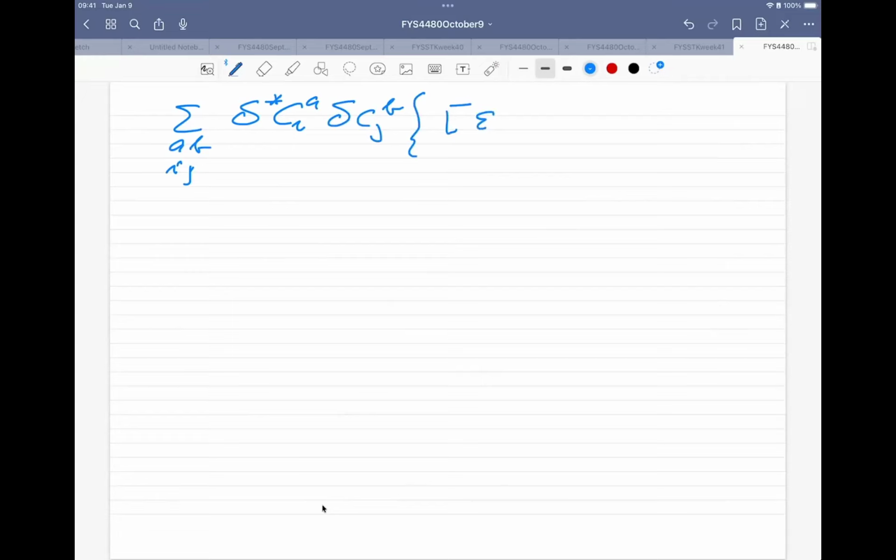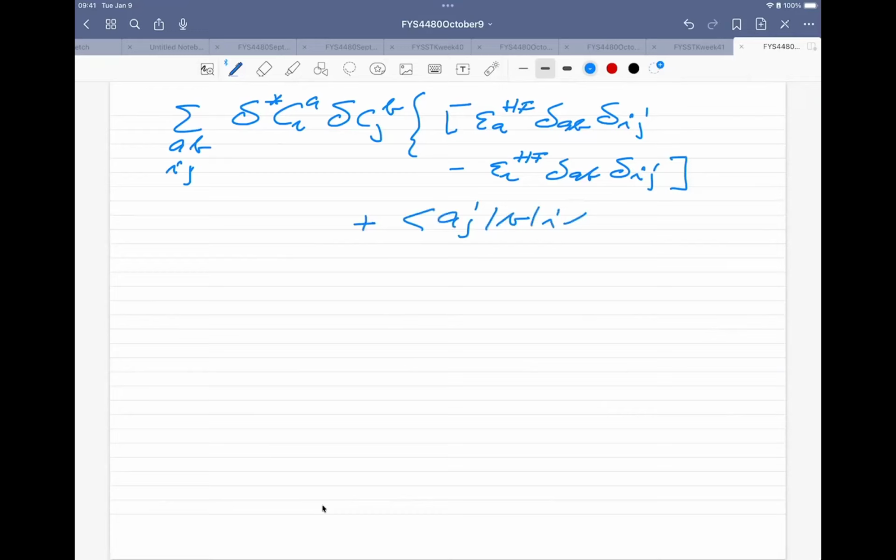I have an epsilon A Hartree-Fock. This has actually a delta AB, delta IJ, and then there is a minus an epsilon I Hartree-Fock, and that also carries with it the same Kronecker deltas. And finally, there is an integral of VIB here, anti-symmetrized.